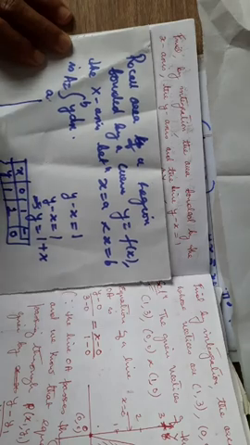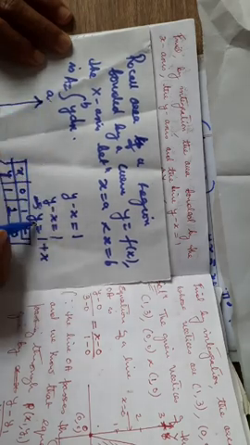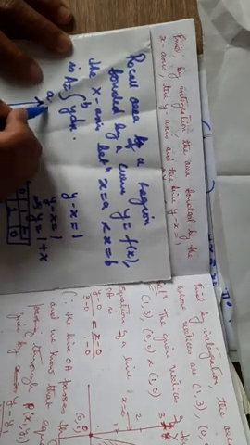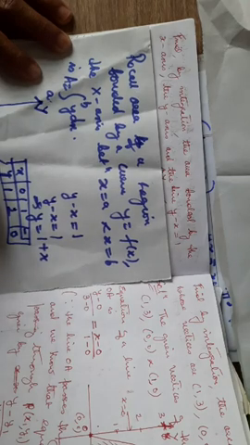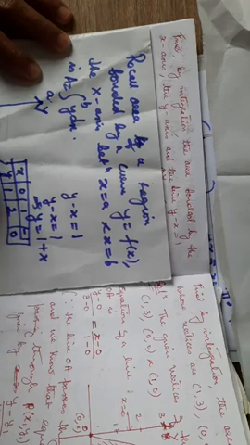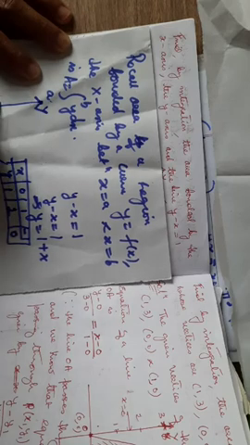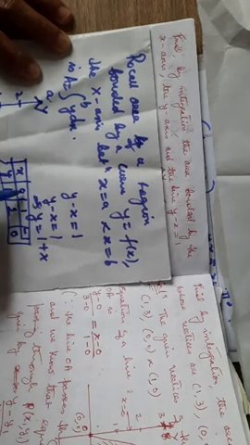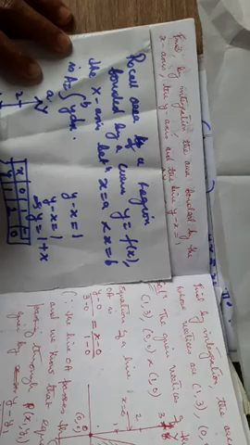Now draw the graph of this curve y is equal to 1 plus x. This is the y-axis, this is the x-axis. Mark this point as 1 here, this is 0. Then this is 2, this is minus 1, this is minus 2, and on the y-axis 1, 2. So when x is equal to 0, y is equal to 1, that means this point here.